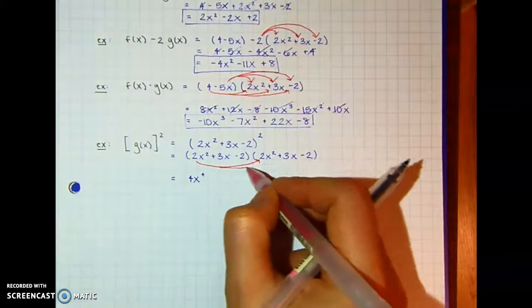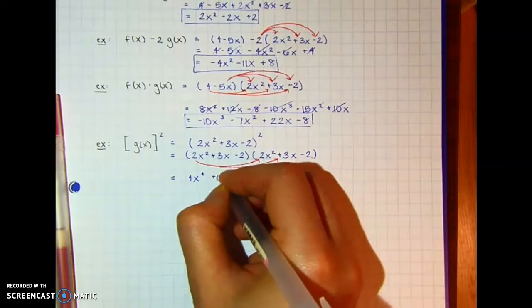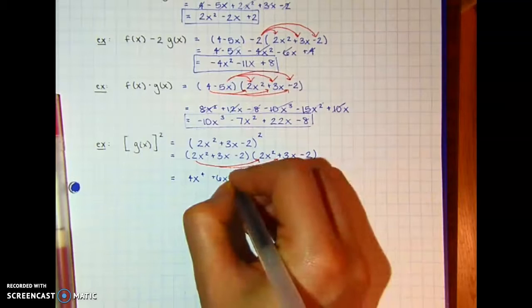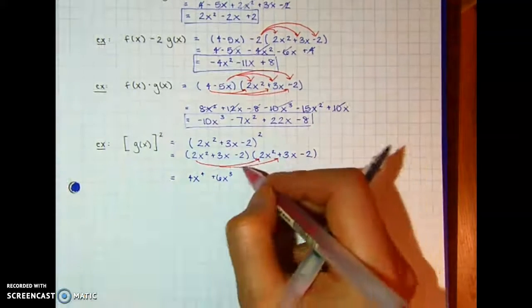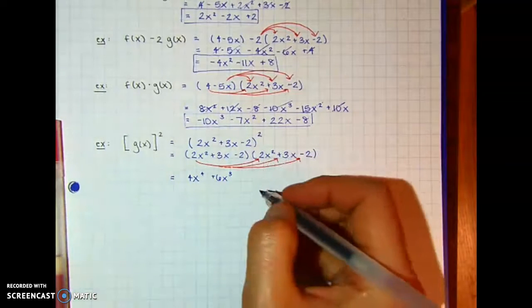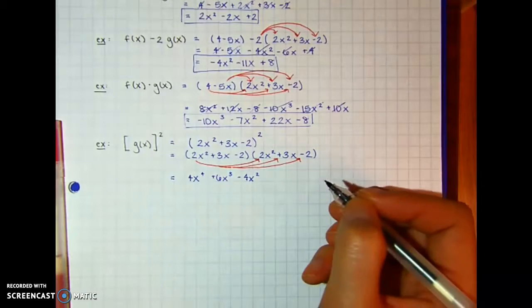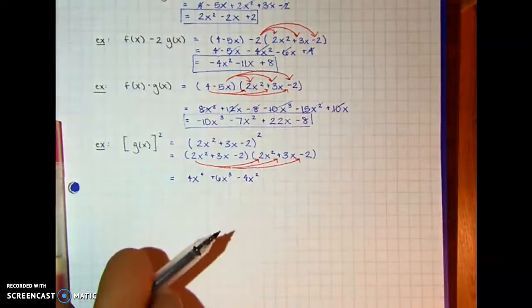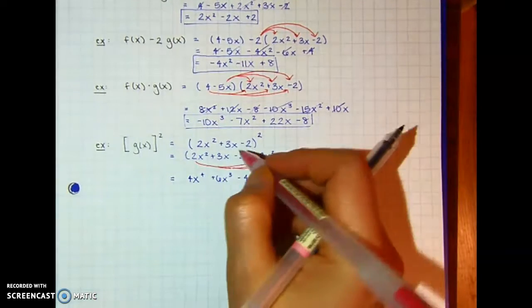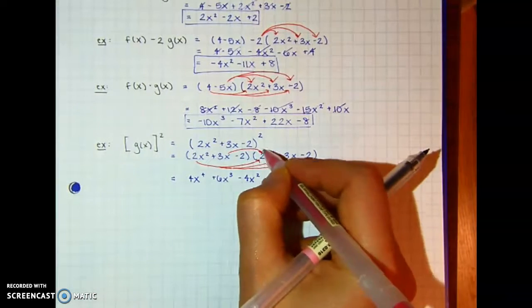And then we have 2x squared times 3x, so that's 6x cubed. 2x squared times negative 2, negative 4x squared.